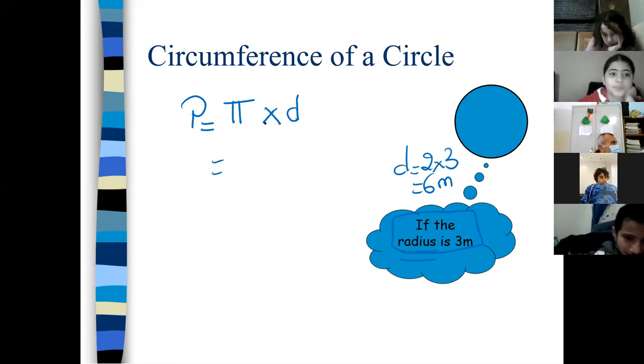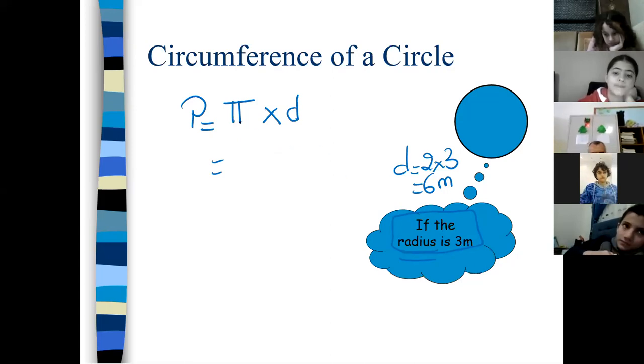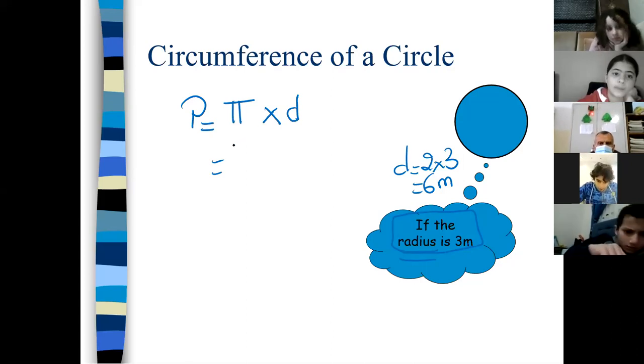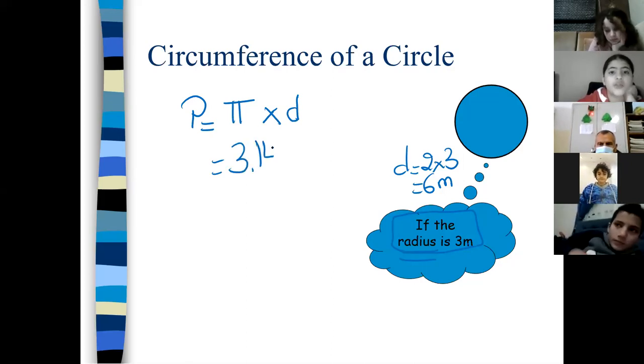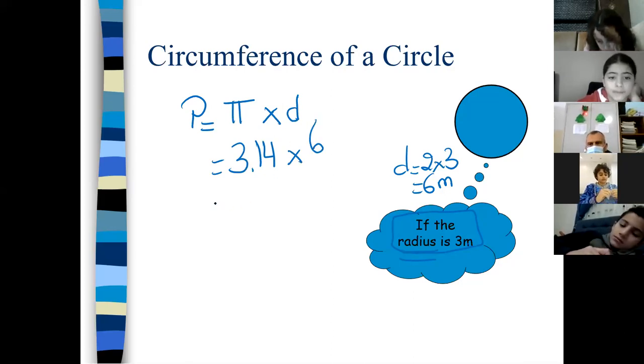Now we will multiply the pi by the diameter, not by 3. The 3 is the radius. Pi, how much? 3.14 times the diameter, how much? 6 meters.